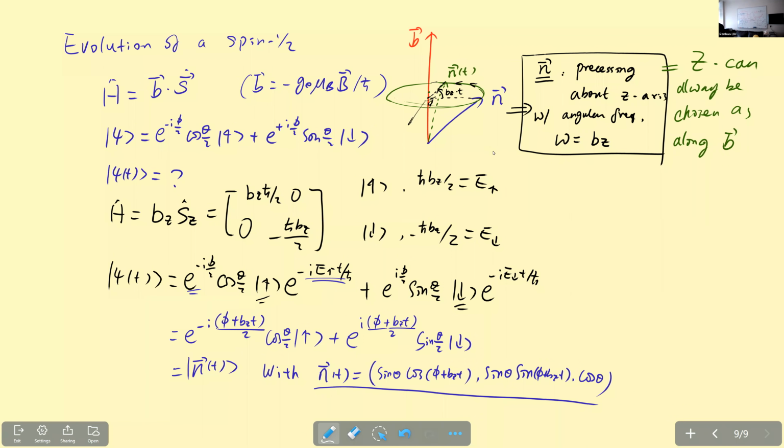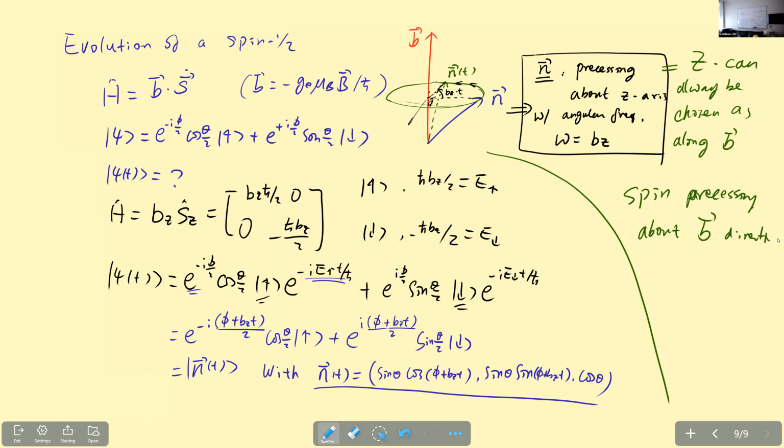So that means the spin is precessing about the B direction, right? So you can see that this spin dynamics actually is very simple. Okay, it's just like in classical mechanics, if you have a torque, if you have a top, a top precessing about the torque, right?